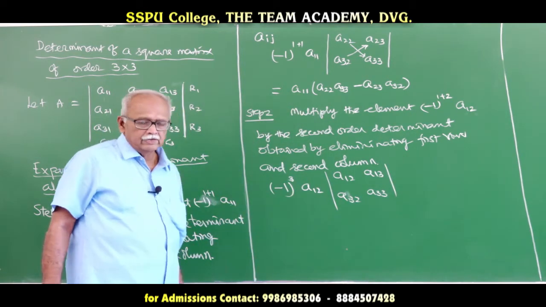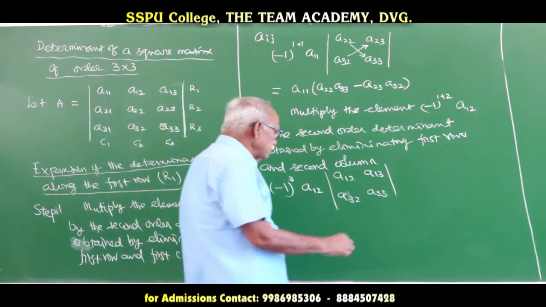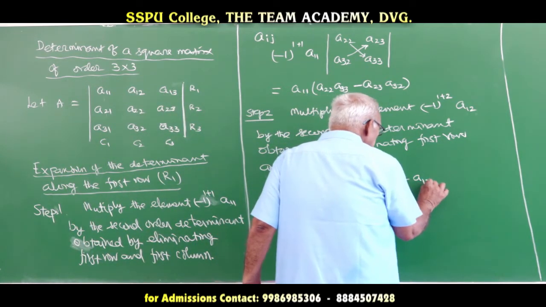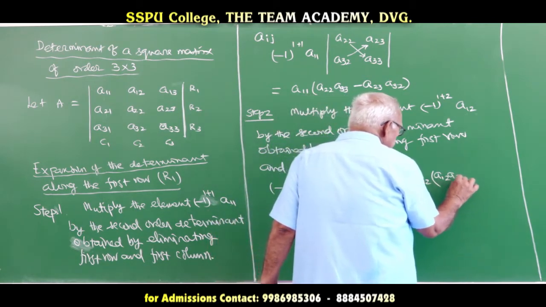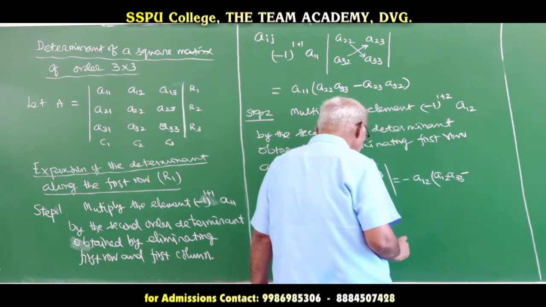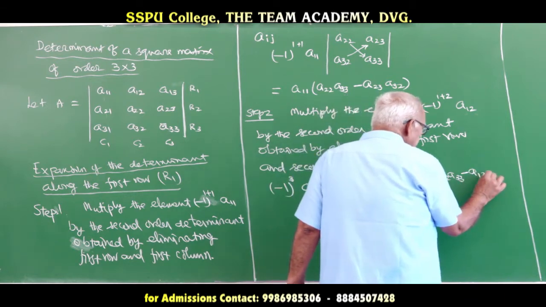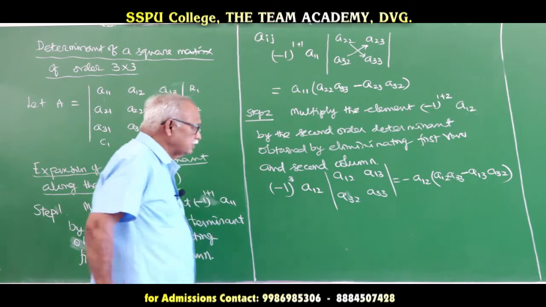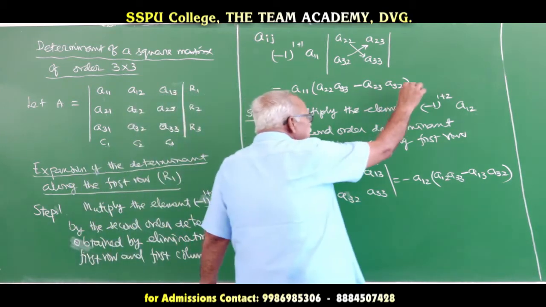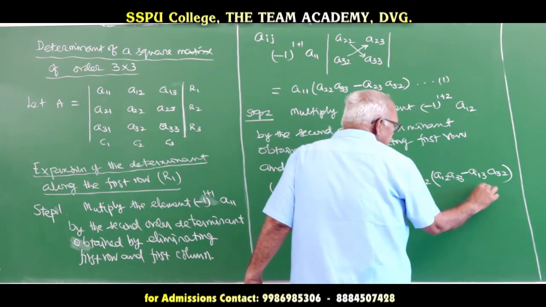Now I will write its value. Here you get a minus sign: minus A12 into (A33 minus A32). Let us keep this as 1, 2.